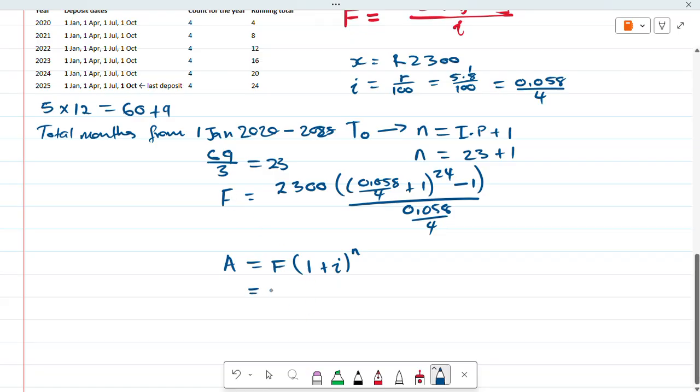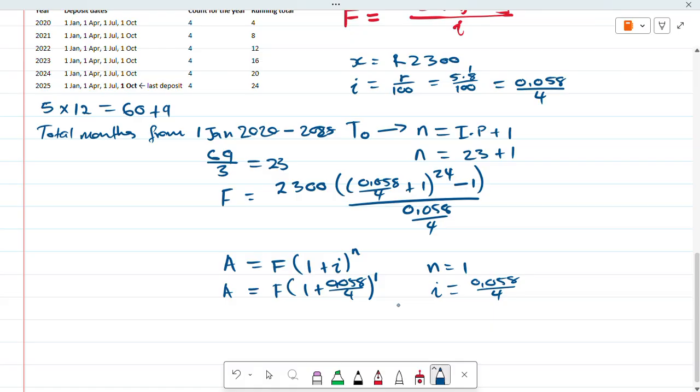Here, your n is going to be 1. Why 1? That's because it stays for 1 quarter, and that is your investment period. And what is your i? Your i again is going to be 0.058 over 4. You'd have your accumulated value equal to F times (1 plus 0.058 over 4) all to the power 1.